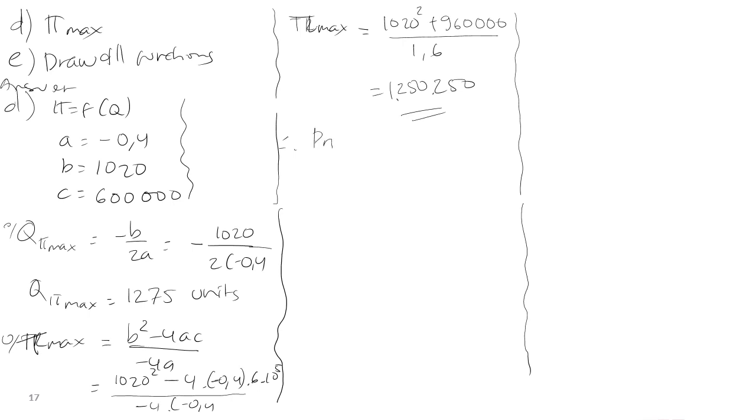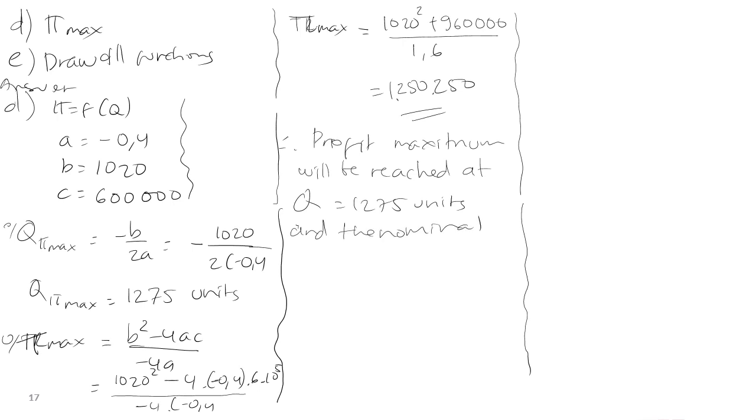So profit maximum will be reached at Q of 1275 units, and the nominal of profit will be, what's that again? 250 monetary units. Okay.